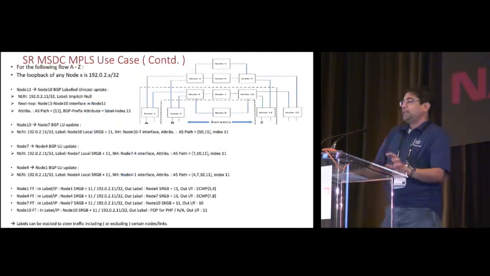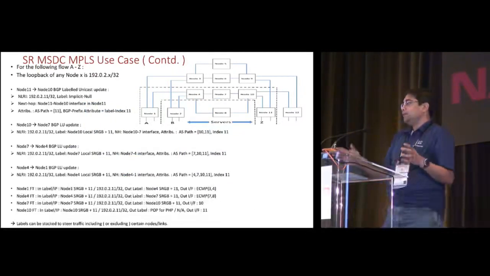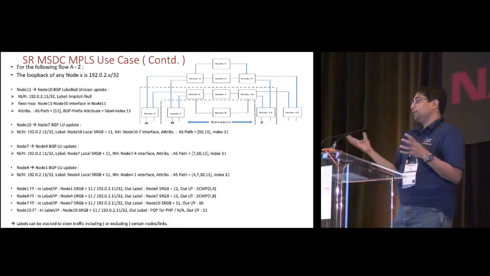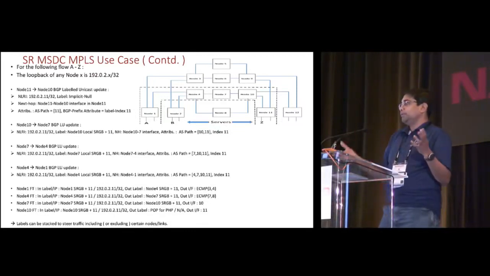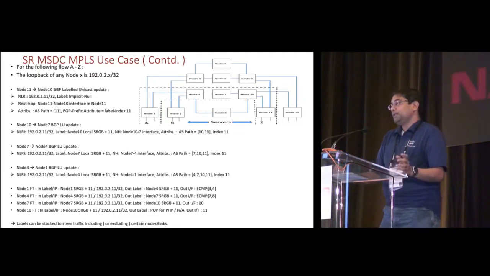So this is a very busy slide. I won't go all the way into the details. You can read it at your leisure later. But the idea is Node 11. It's an example of a flow between A and Z, which can be servers or applications running on the servers. Basically Node 11 is advertising with an index 11 of its own node seed.